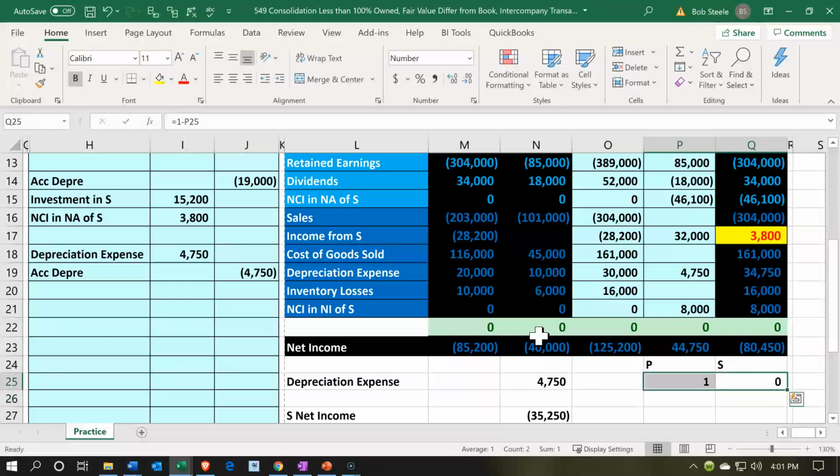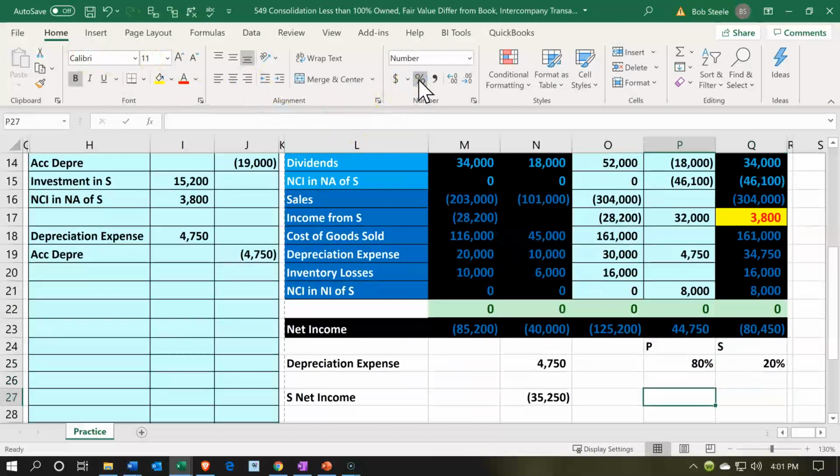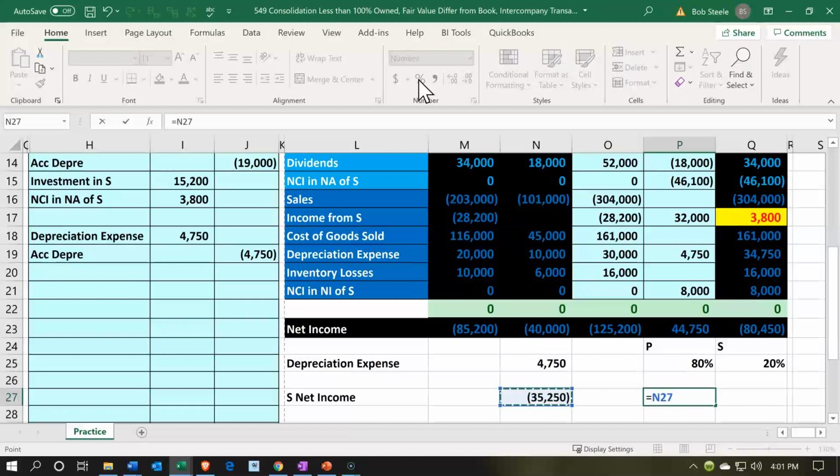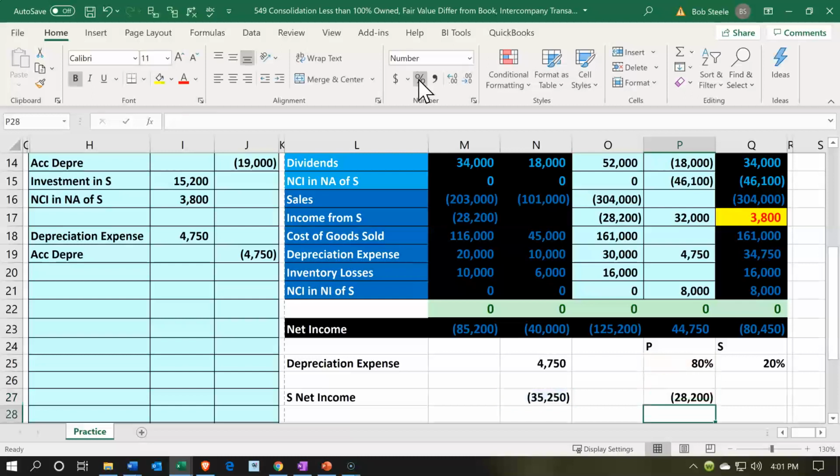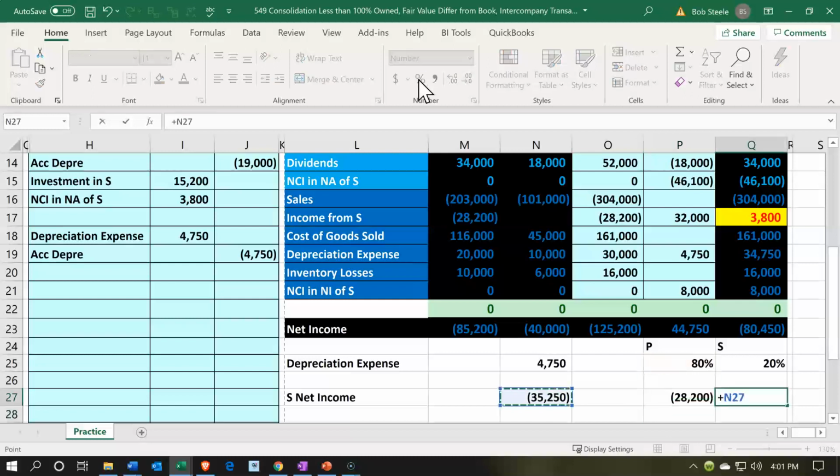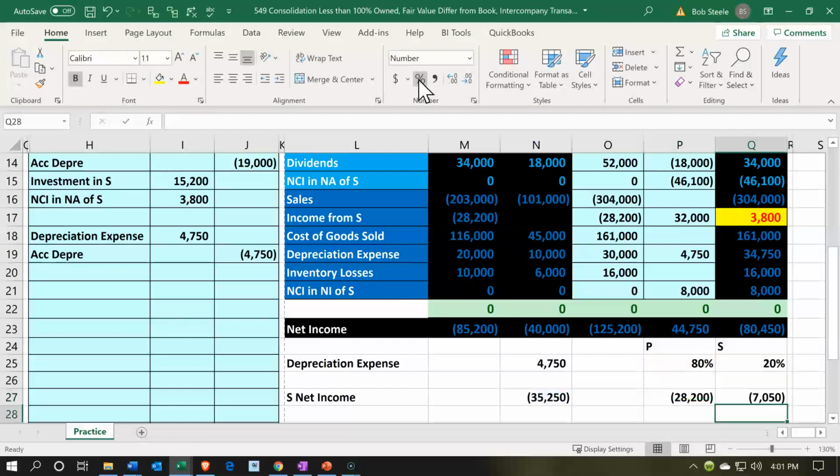And if we make those percentages, home tab and numbers, and I make that a percent, and if we multiply this out now, I'm going to say, all right, well, this is going to be this times 80, and then this times 20. So you can kind of see the allocation there, that you would think then that this number, the non-controlling interest, would now be the new number we have, the amount we changed, 20% of that. So we're going to have to make some adjustments to this number and to the controlling interest.